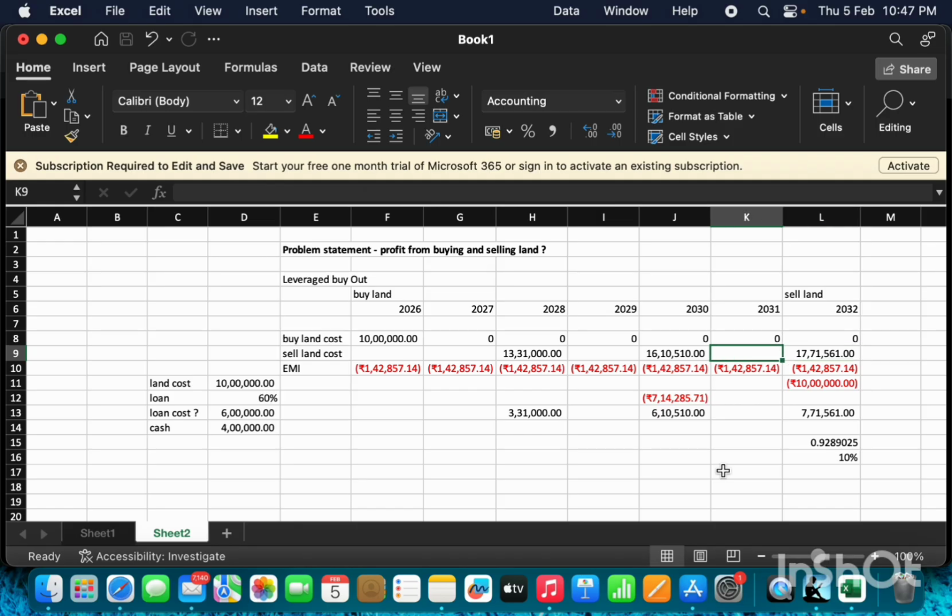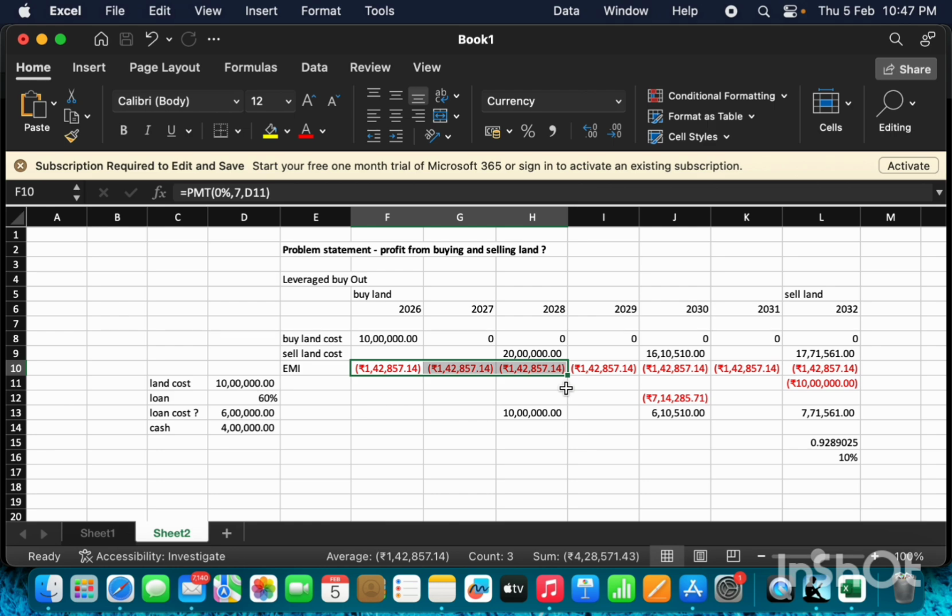I'm only assuming an appreciation of 10% per annum, but that cannot be the case. Say if my property doubles in 3 years time, my sell value will be 20 lakhs. I have paid the bank already almost 4.5 lakhs.